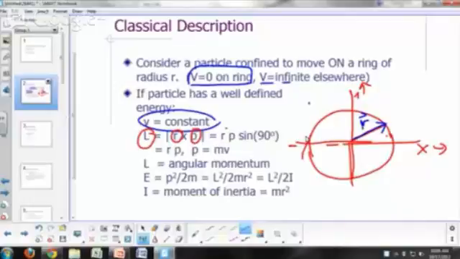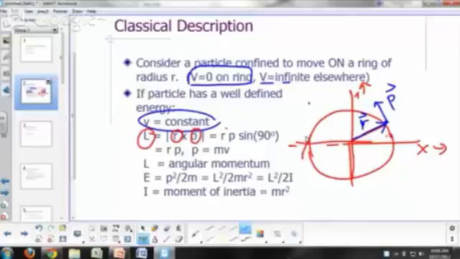And what's our momentum vector? If my particle is over here, where is it moving? What's the direction of the momentum vector? Let's just say it's moving counterclockwise. Then our momentum vector is going to be pointing that way. Okay? So angular momentum is the cross product of the radius vector and the linear momentum vector.